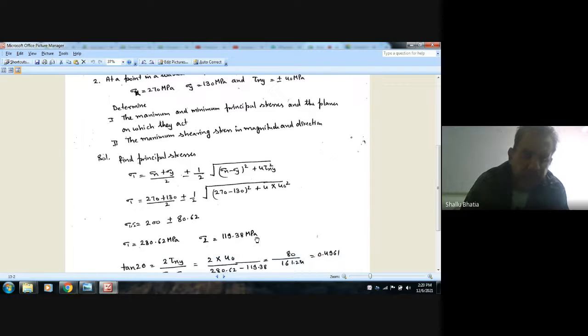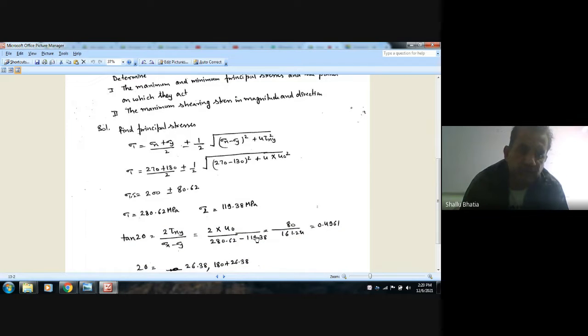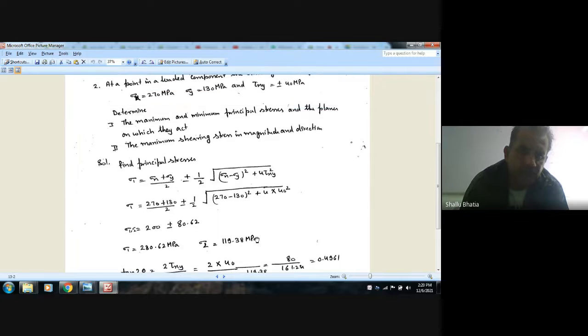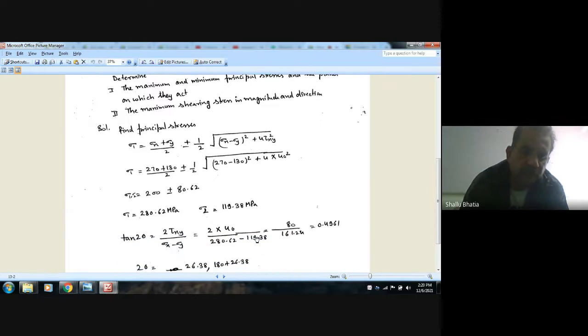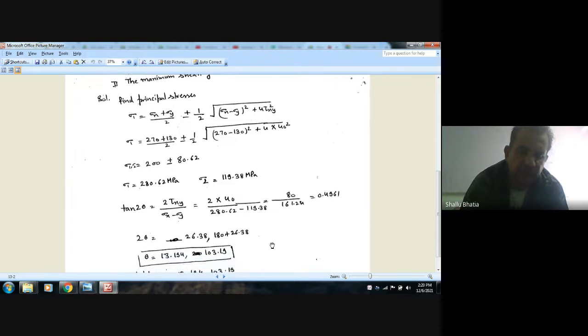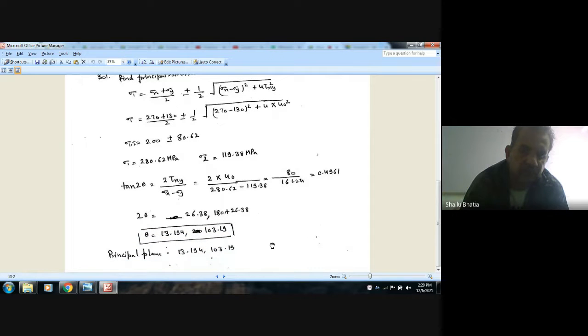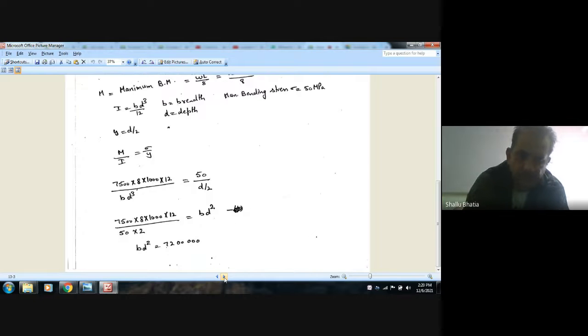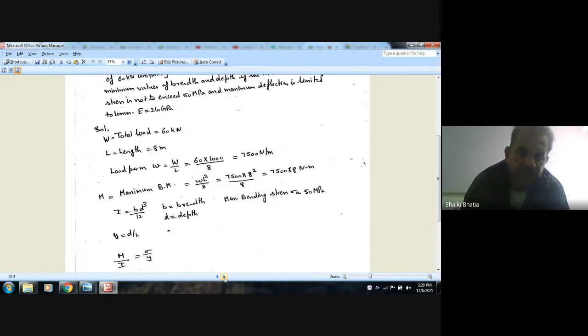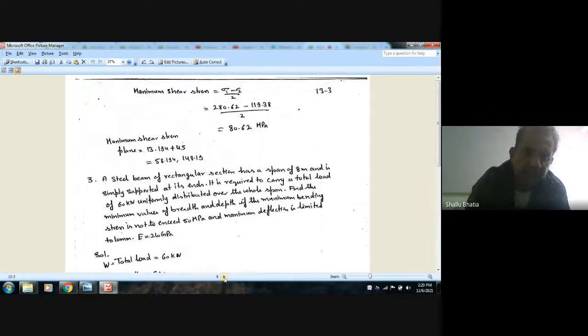And by this we can find out, after this, we can find out the direction of the principal stresses. These are the directions of principal stresses, that is tan 2 theta is 2 tau xy by sigma x minus sigma y. Okay. So then we can find out principal strains. These are the principal strains. And then we can find out the maximum shear stress.